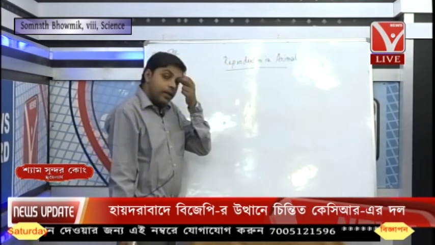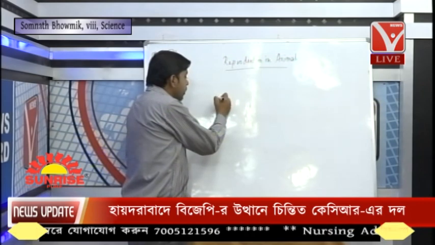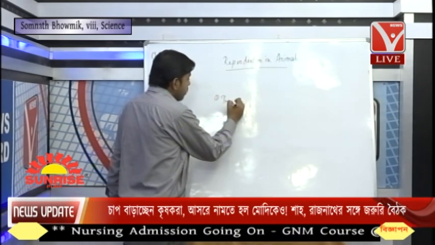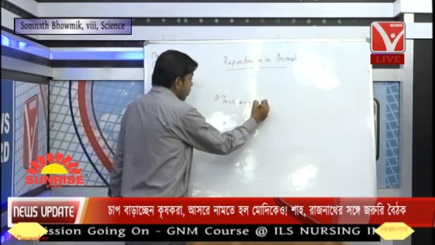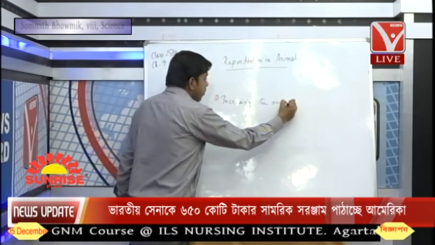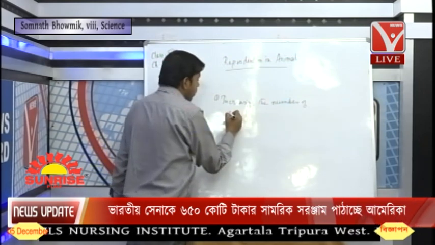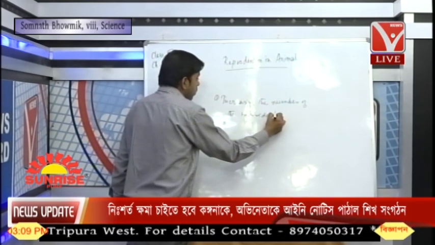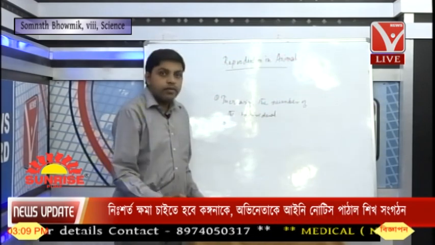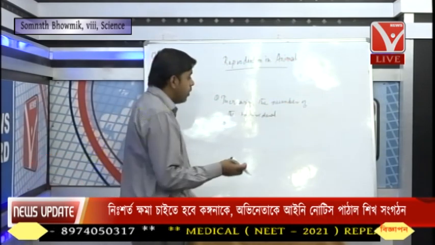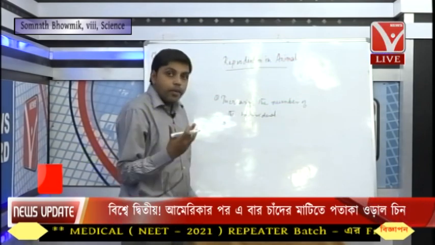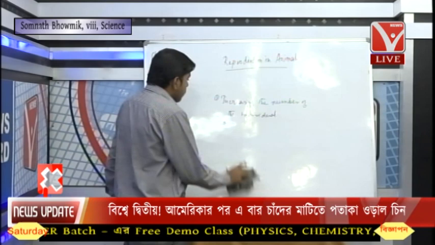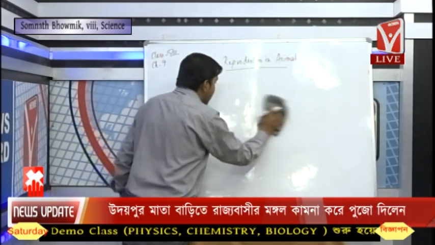In one word, if I want to say what reproduction is, reproduction is increasing the number of the individual. Reproduction means increasing the number.